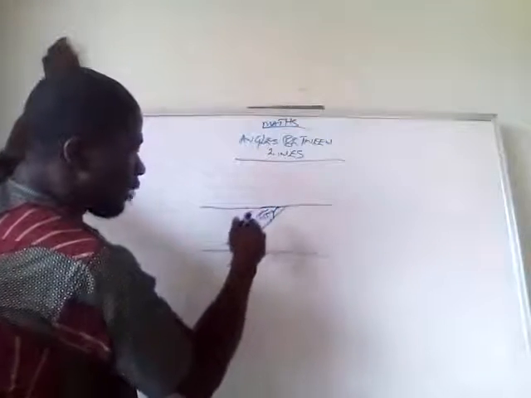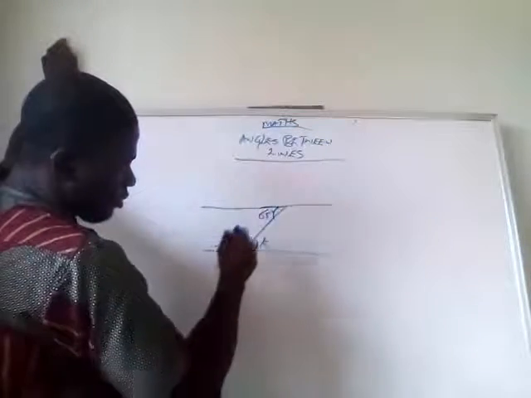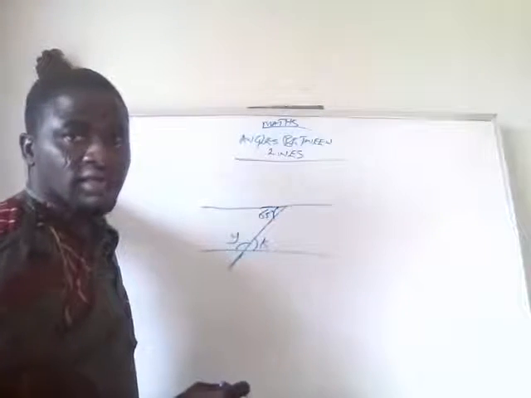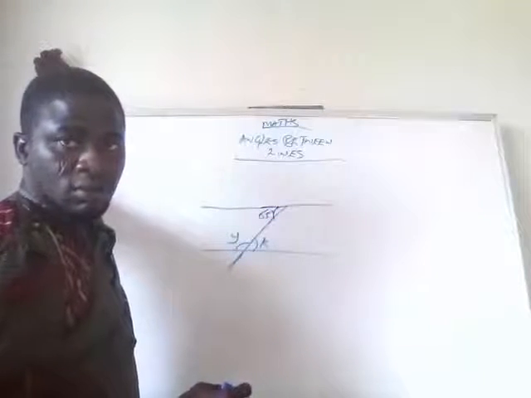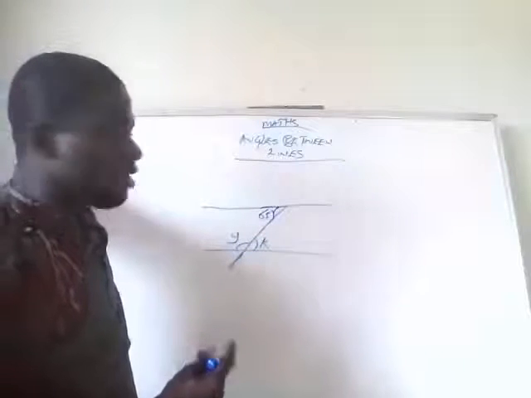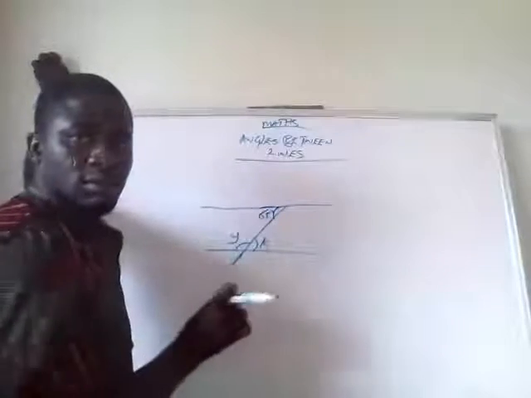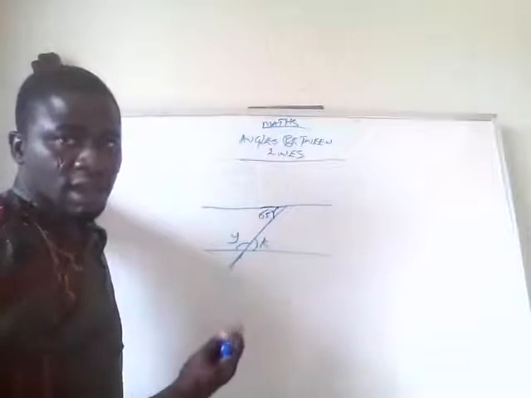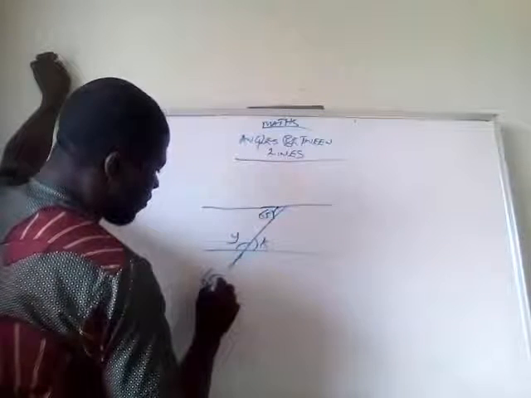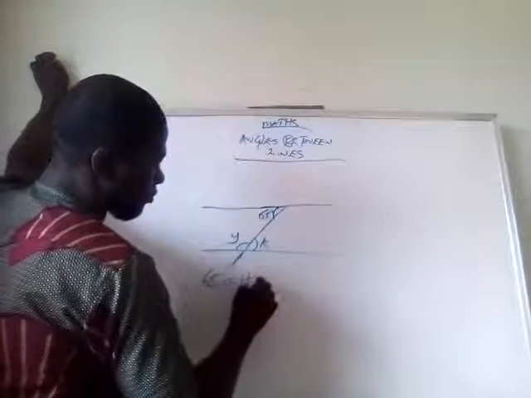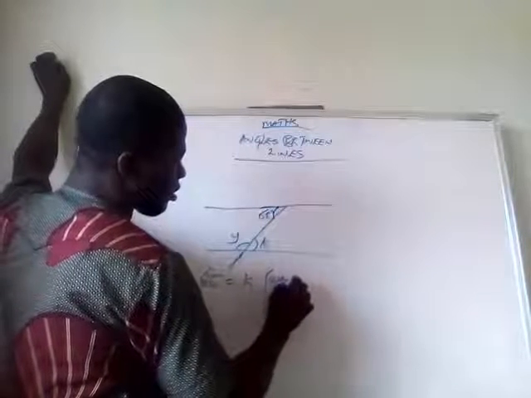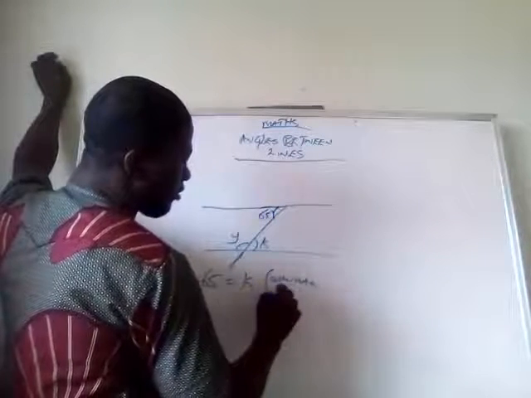if you look at this and that, it looks like Z. If you agree with me that it looks like Z, that means we have gotten something. Since it looks like Z, it's alternate angles. So 65 is equal to K, in brackets, alternate angles.